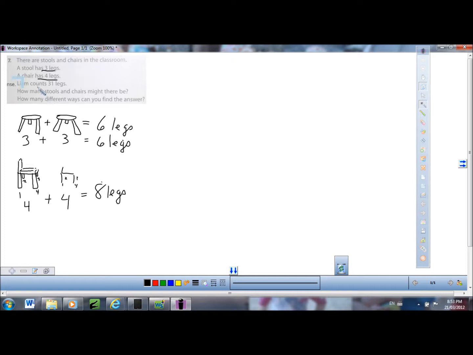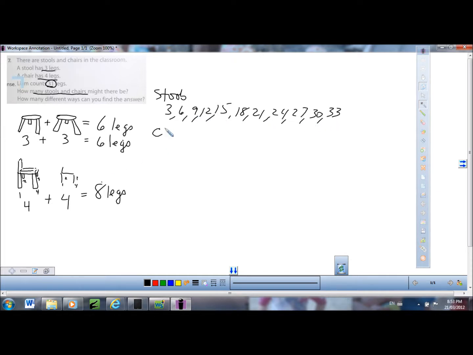Now in Liam's problem, Liam counts a total of 31 legs. So if there are 31 legs altogether, then you have to decide how many stools and chairs it would take to make up 31 legs. Well, if we only count by 3s in terms of stools, we would have 3, 6, 9, 12, and if you continue to count by 3s, 31 doesn't fall as a multiple of 3.